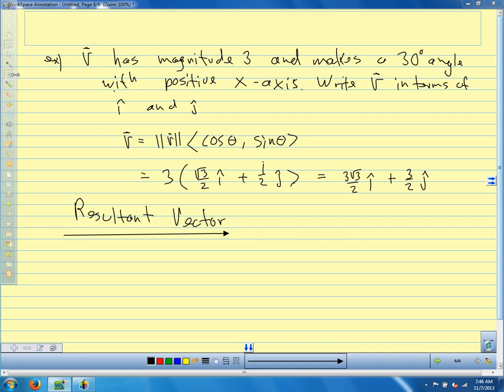So we're interested in one vector that represents everything that's happening. So when you see a problem that asks you about a resultant force, resultant velocity, resultant acceleration, it just means add all the vectors together. And the final result is the resultant.